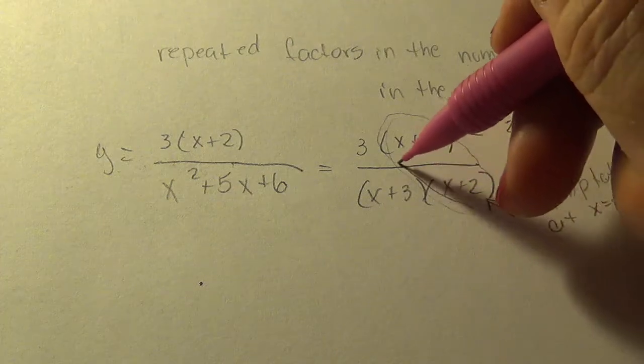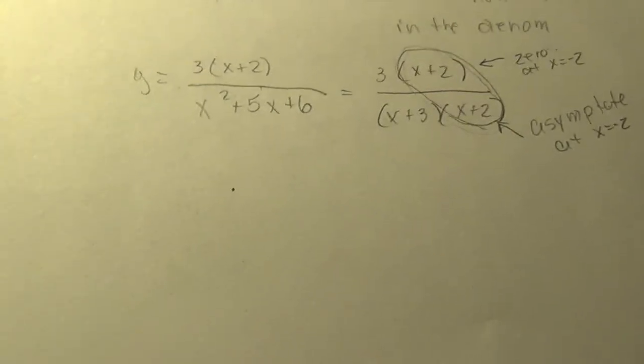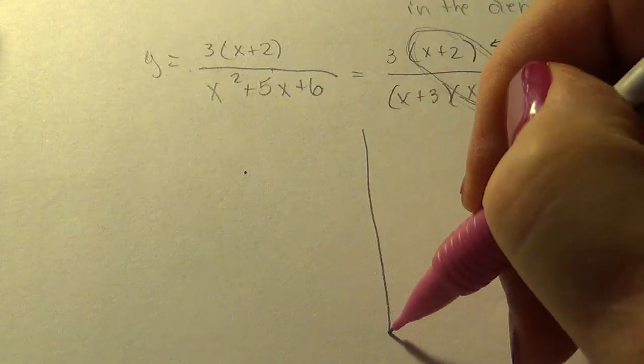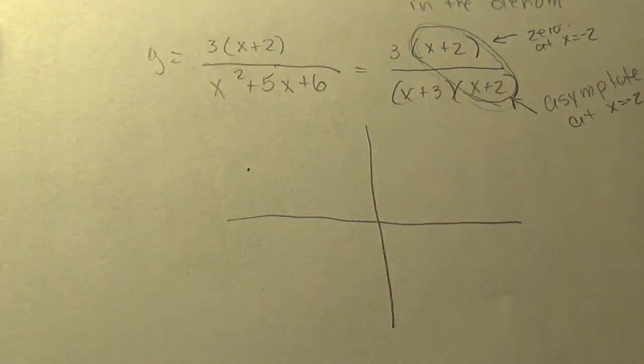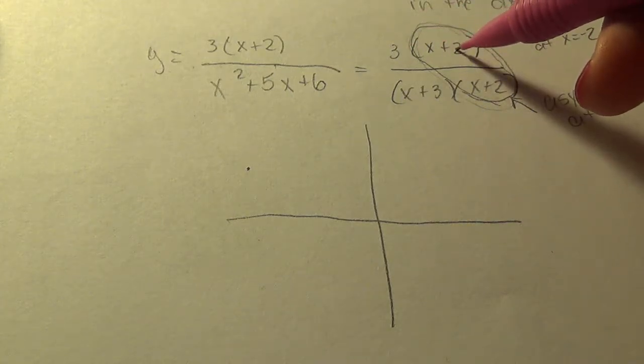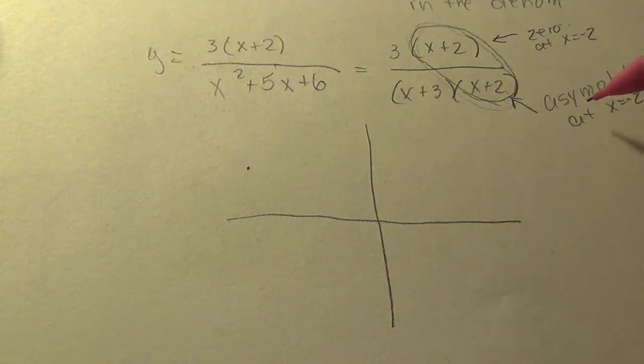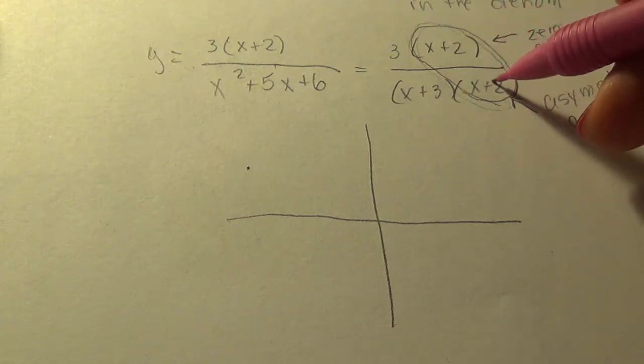It can't. So let me show you what happens when we have a factor that appears in both positions. All right. Hold on to your socks. This is pretty interesting. When you have a factor in the numerator and an identical factor in the denominator, that will not cause an asymptote.